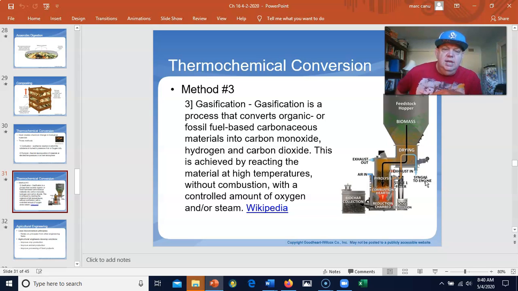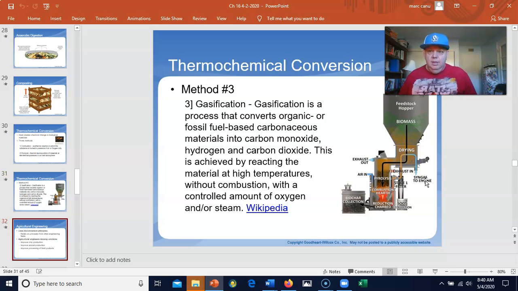I don't know all the details about the car, but that's what some of them did. They literally put in wood and then they would do this gasification process and get the car to work. Necessity is the mother of invention, if you stop and think about it.